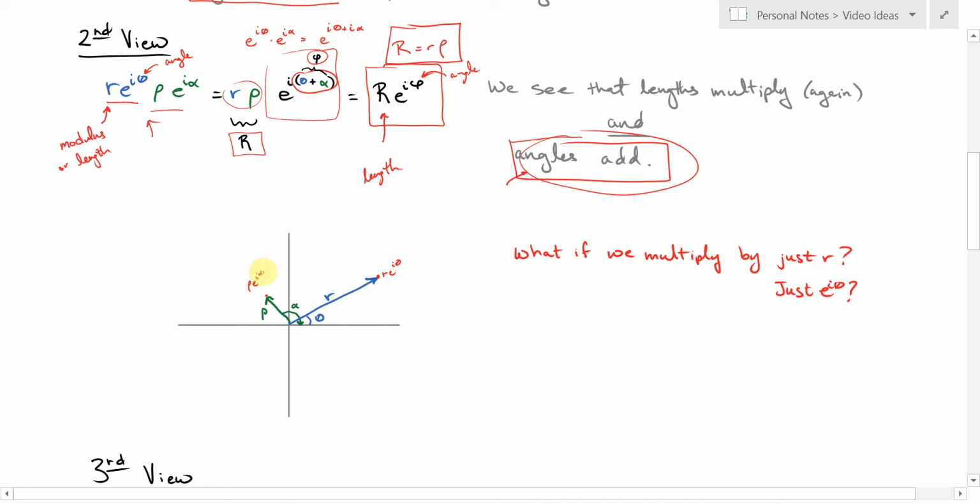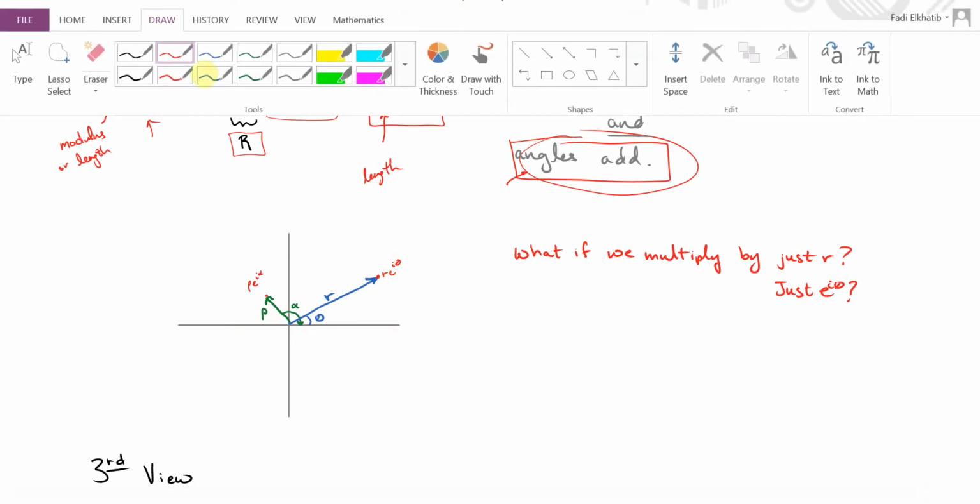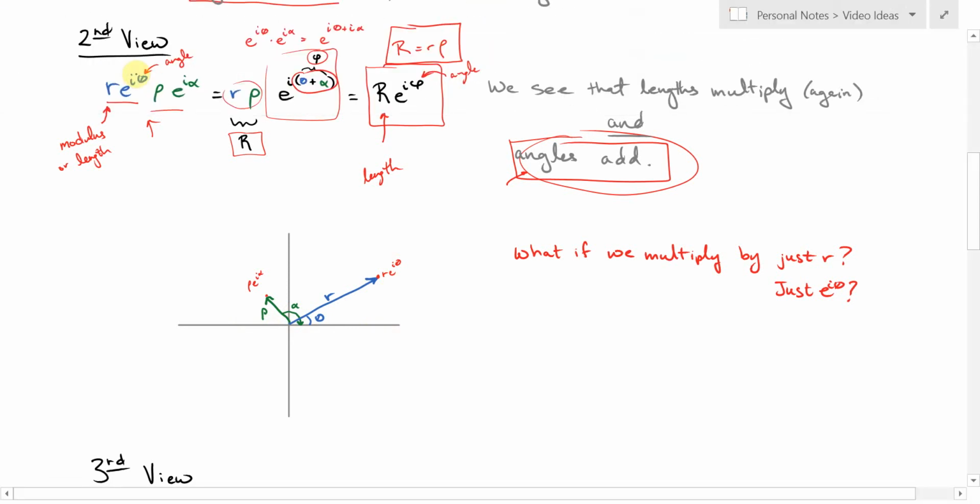And so what we're saying is that when we multiply these numbers, the length of the new number is going to be the product of these lengths. So let's say rho is less than 1, so that multiplying by rho shrinks r. Then we'll end up with something maybe of length, if rho is about half, around here or something like that.